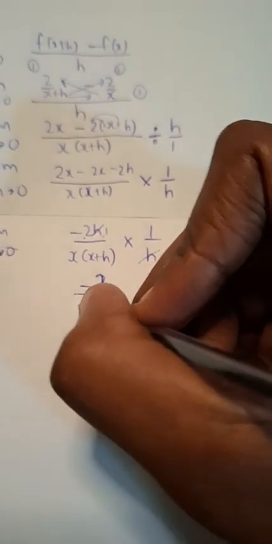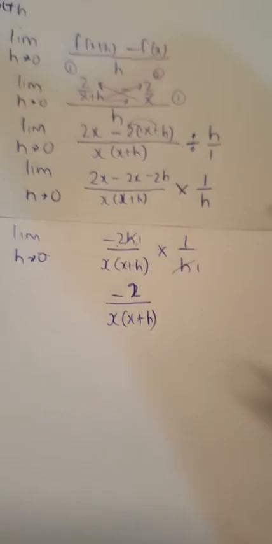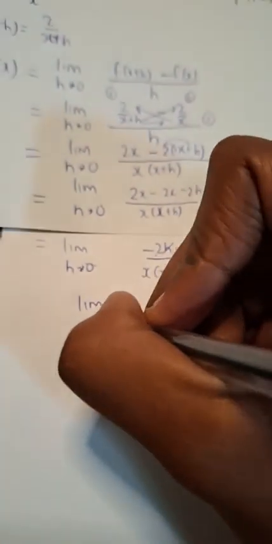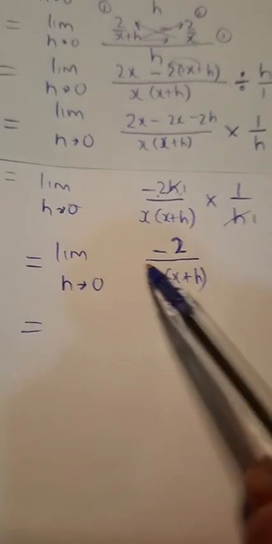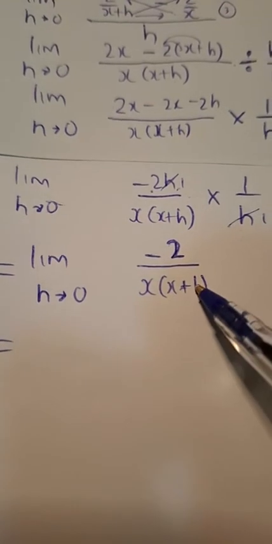So here we are left with negative 2 times 1, which is negative 2 in the numerator over x into x plus h. Okay. And let's not forget the limit as h approaches 0. Okay, we are not done. Now we are ready to do what? We can substitute that 0 in the place of h. Okay, that gives us what?